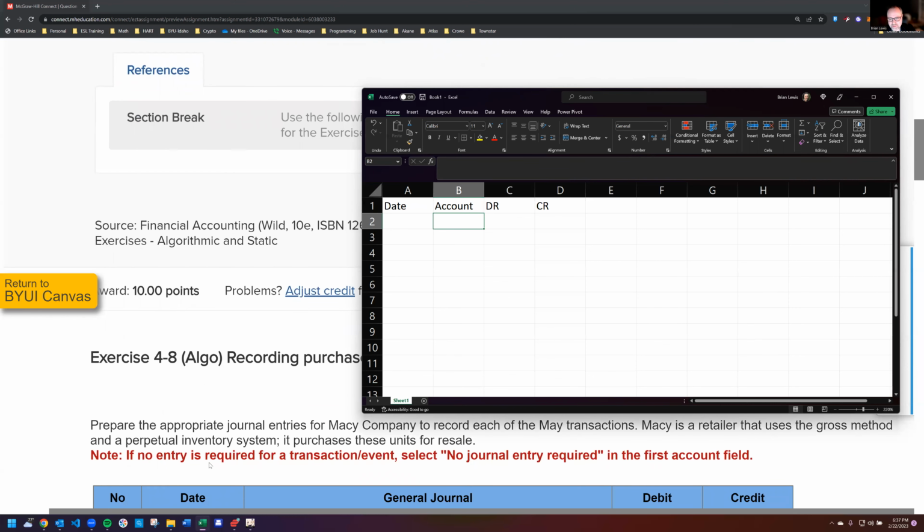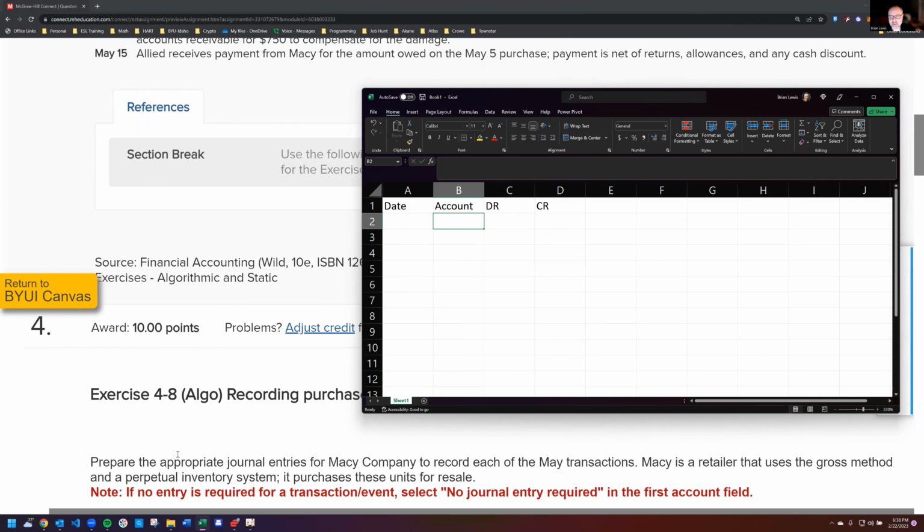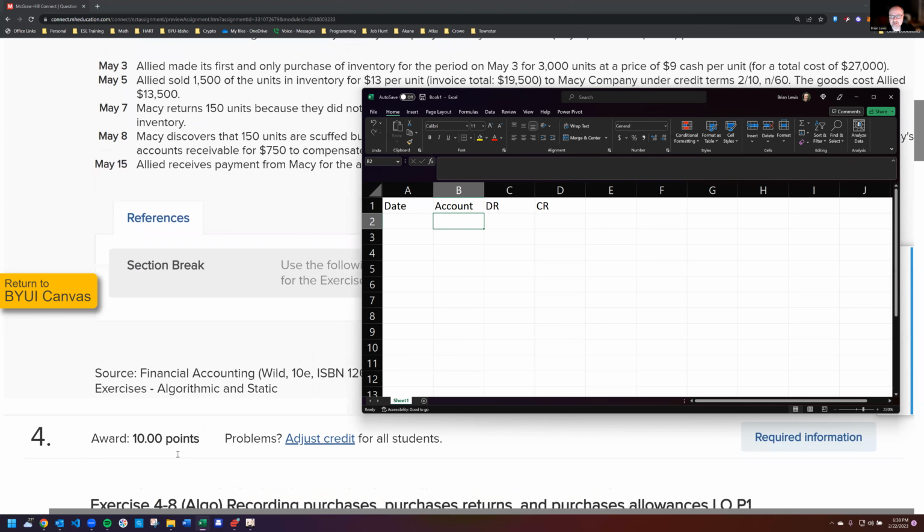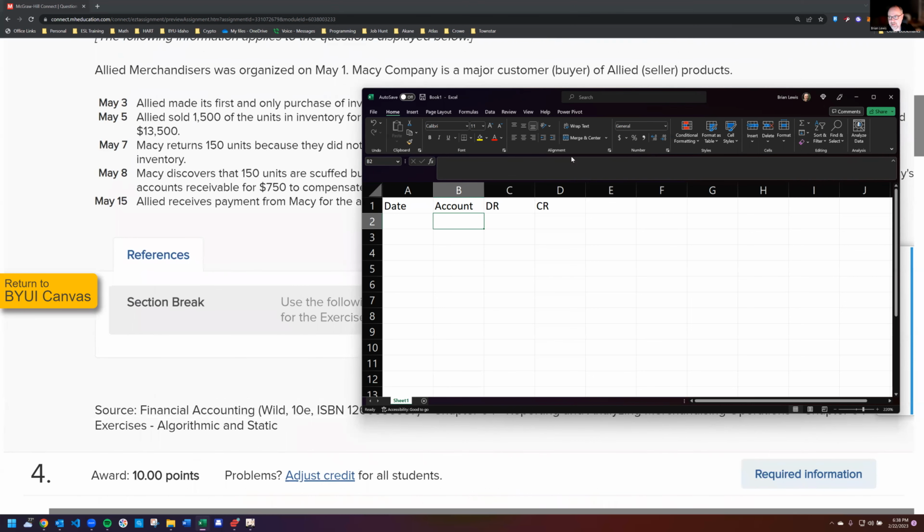If no entry is required, select no entry. So that's an immediate clue that there's going to be something in here that's likely to be a no entry. Okay, so why don't we go ahead and get started, and then we'll see how I do on the actual results and see if maybe there's a place that my logic was incorrect.